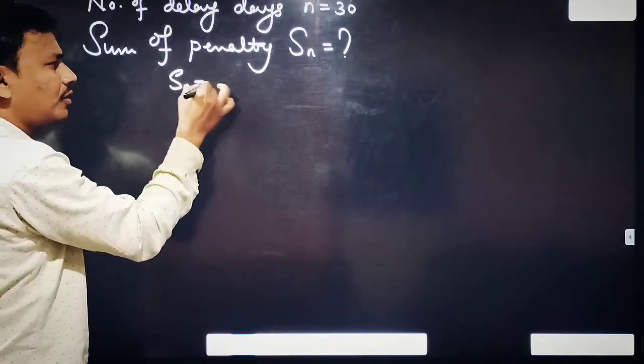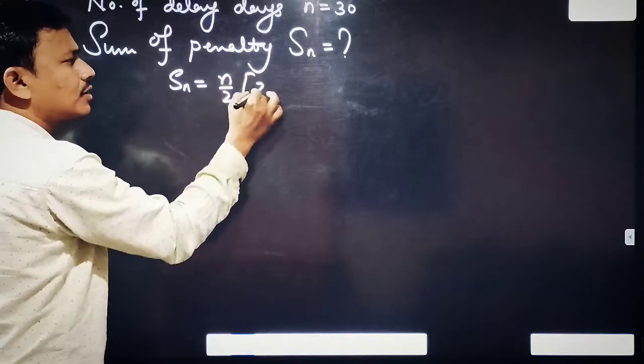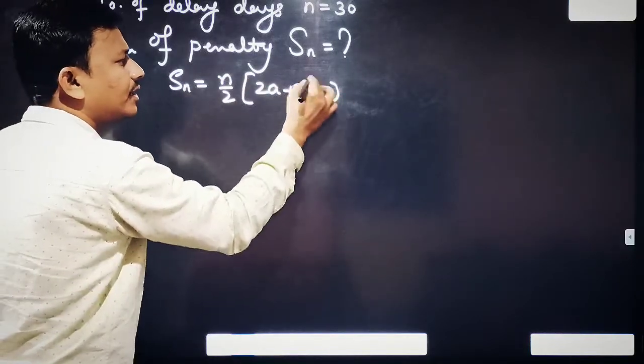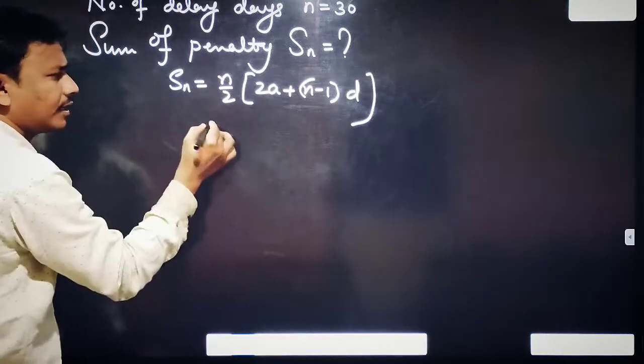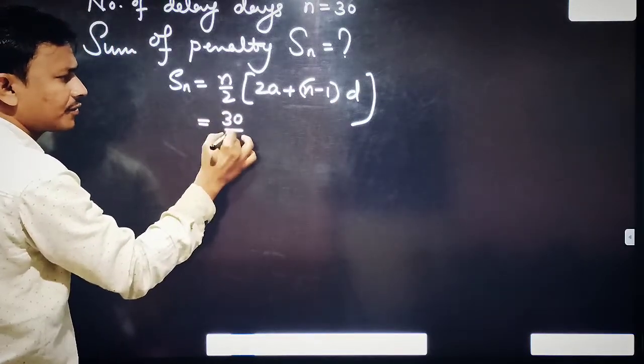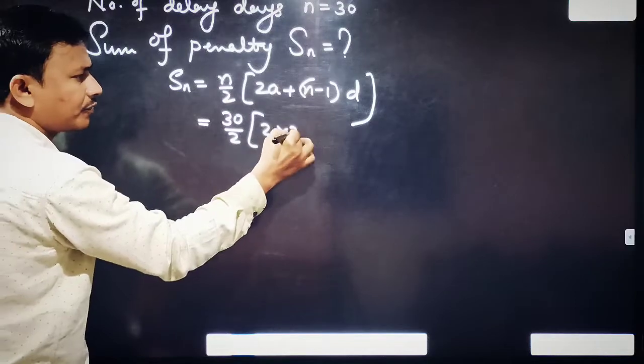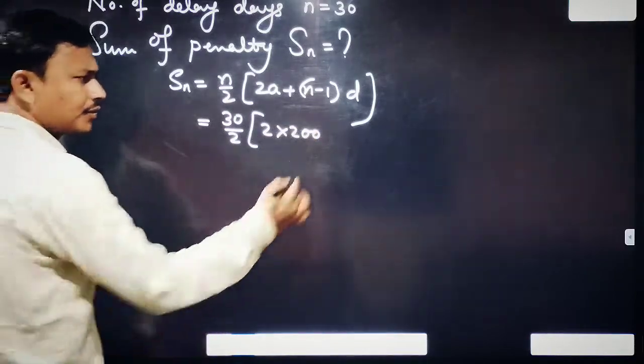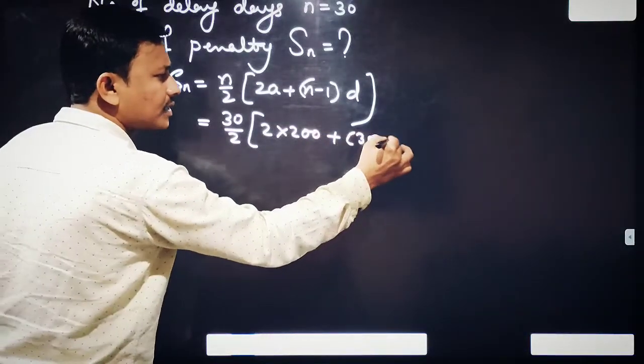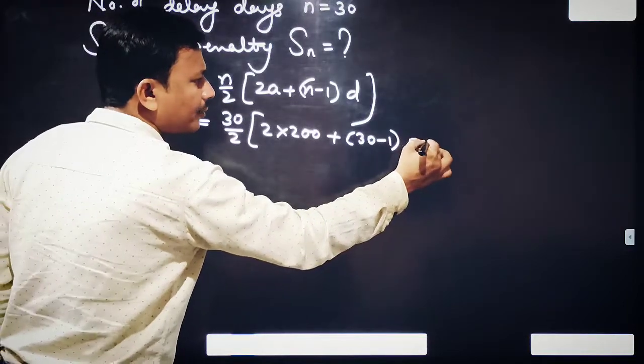Sn is equal to n divided by 2 in bracket 2a plus (n minus 1) into d. This is equal to 30 divided by 2, 2 into first penalty 200 plus (30 minus 1) into d value 50 rupees.